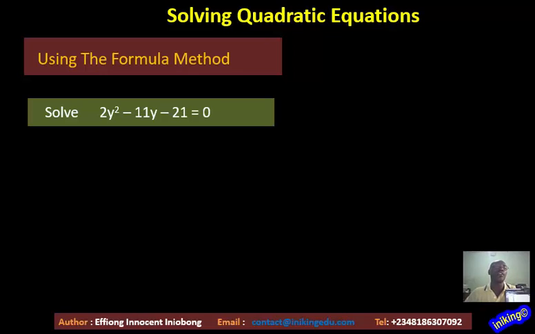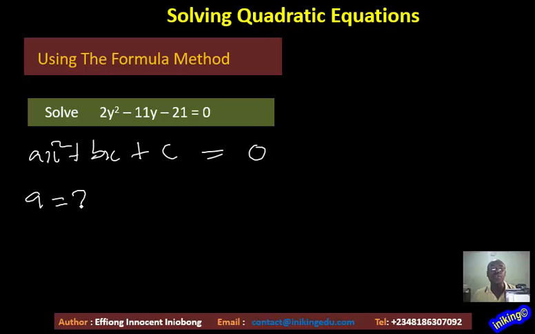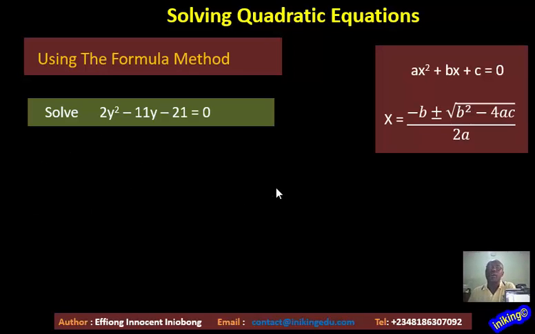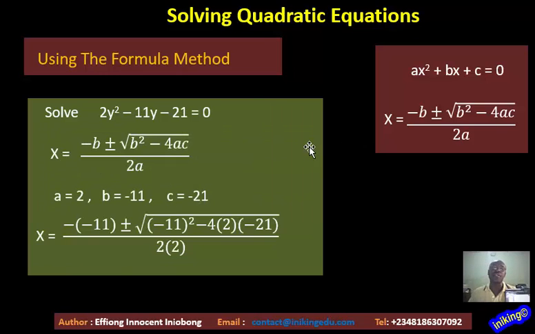Again, if I compare this with the general form, ax squared plus bx plus c equal to 0, you will agree with me that our a is 2, our b is the coefficient minus 11, and our c is minus 21. We'll simply take this and substitute into the formula: x equals minus b plus or minus the square root of b squared minus 4ac, divided by 2a.